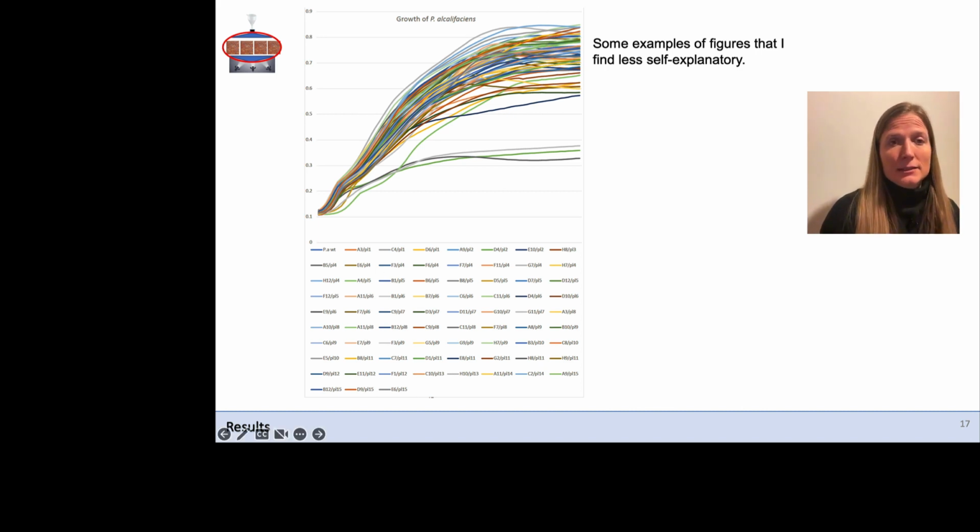I see here that this is growth of a particular organism, and knowing that, okay, this is growth, I assume that this here is a timeline and that this here is an OD, optical density. I don't know it.